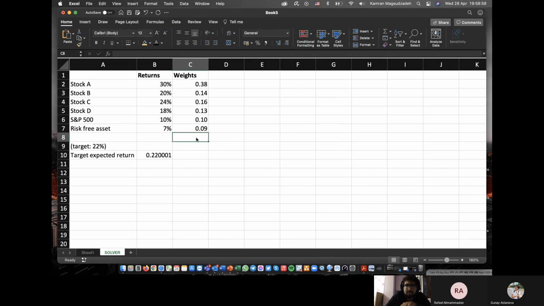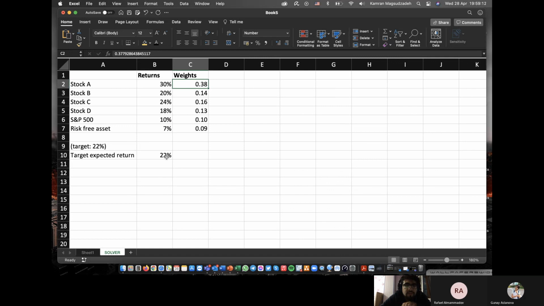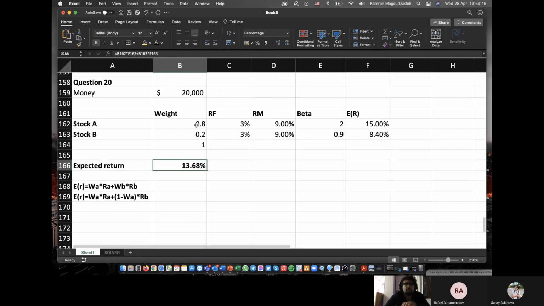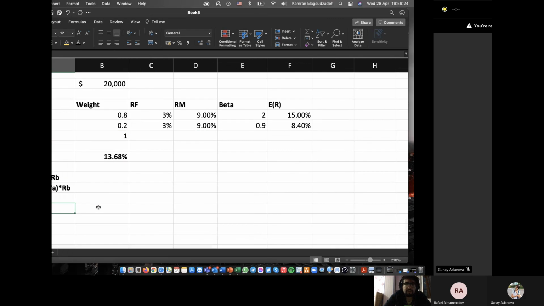Very interesting. I mean, useful tool, and our target expected return is the same as our target, 22%. So we should allocate our weights like that in order to get a target expected return. So we found weight of A and weight of B, then we can easily find investment.